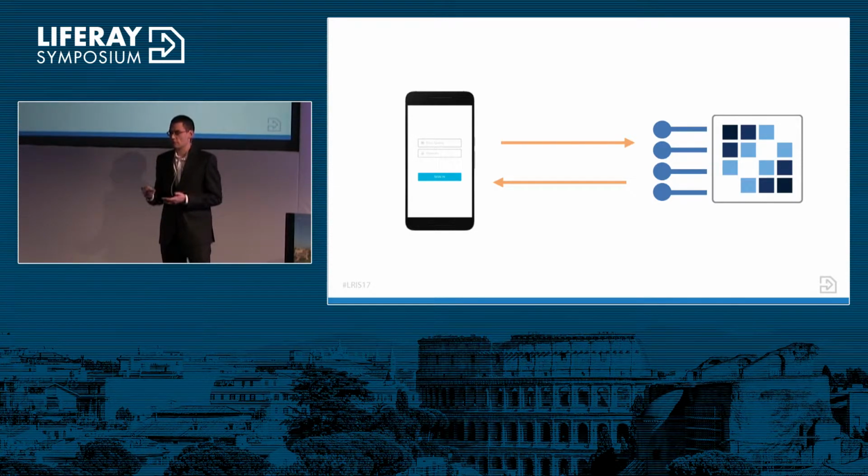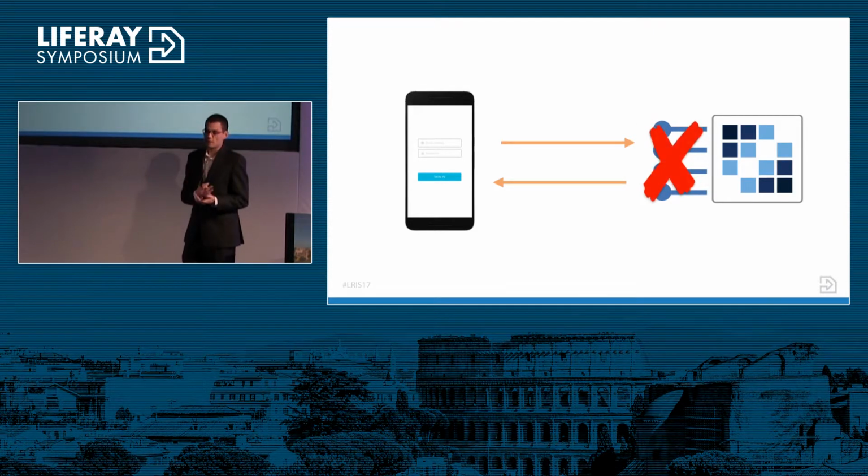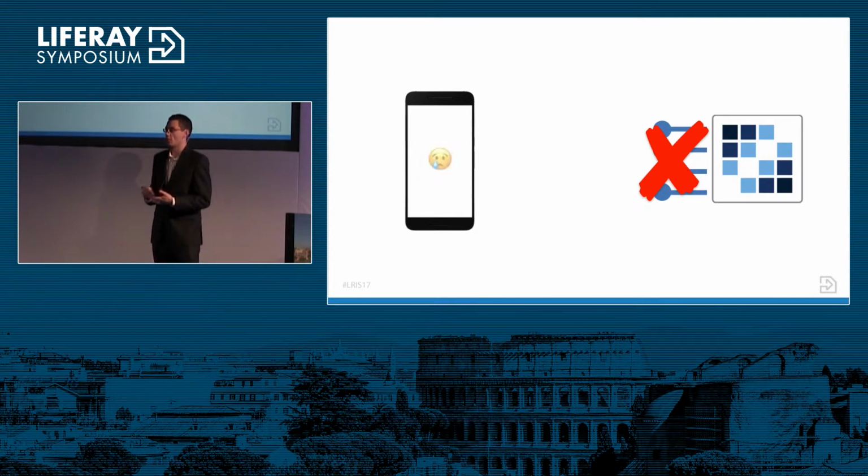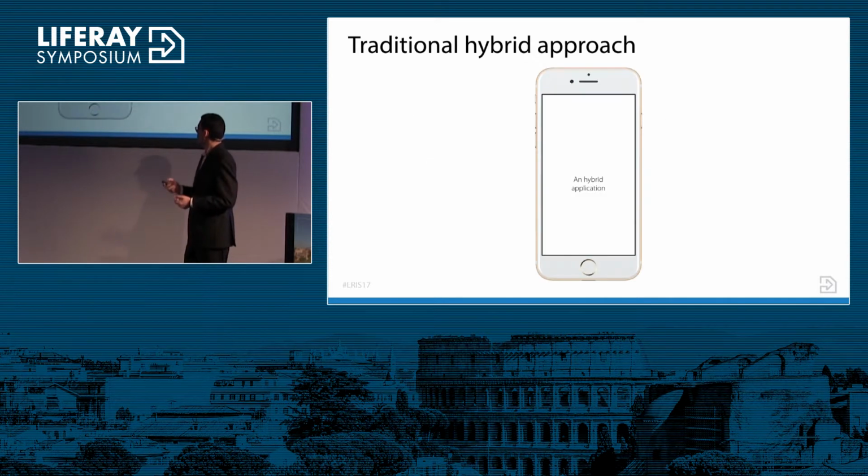But sometimes there are no APIs and we can't expose them, for whatever reason: security, control, or the Liferay portal or server we are trying to access is not ours, or it uses code that we can't modify, and we don't have an API available. In those cases, you don't have a solution. You can't create a mobile application, or you have to do complicated hacks with sessions and cookies. So that's another reason to create the web screenlet.